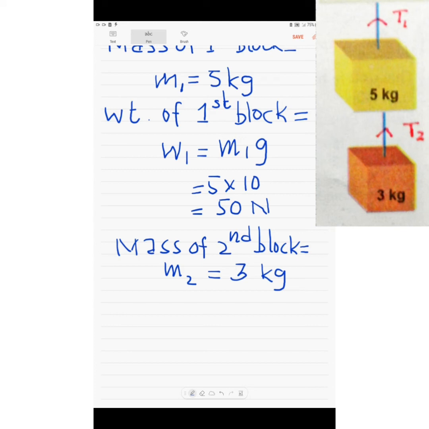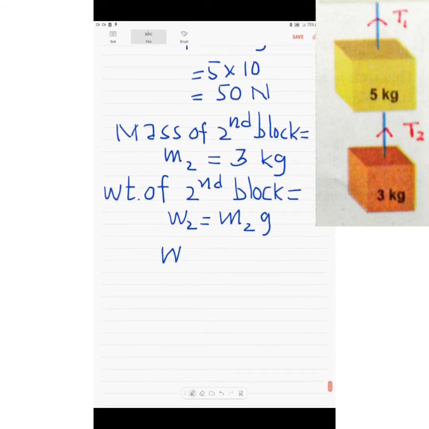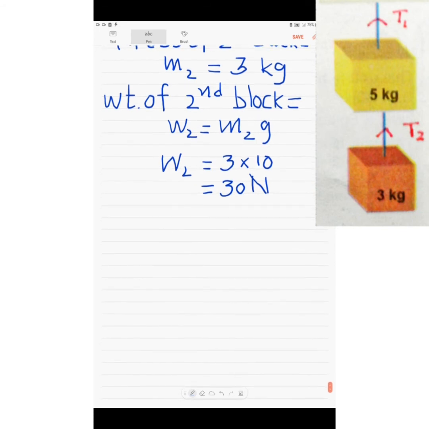Weight of second block is equal to W2, and W2 is equal to m2g. Now W2 is equal to, m2 is 3 kg, g is 10, so its weight is 30 Newton.